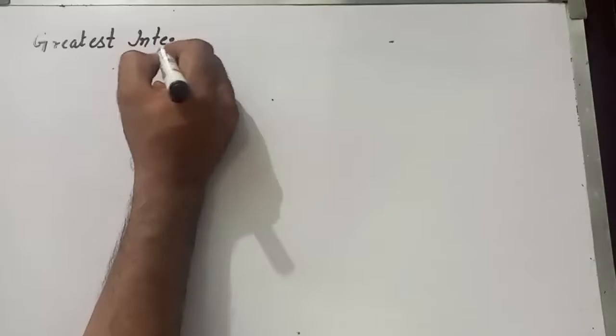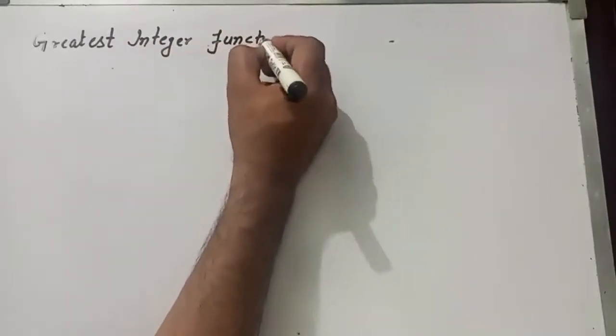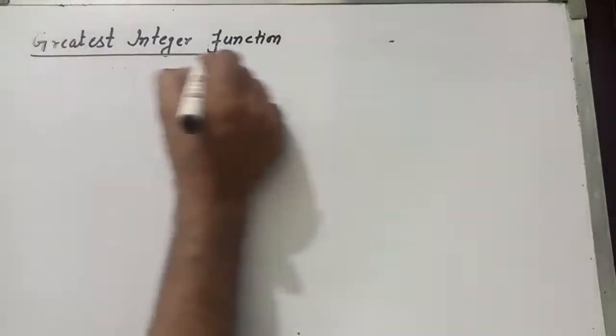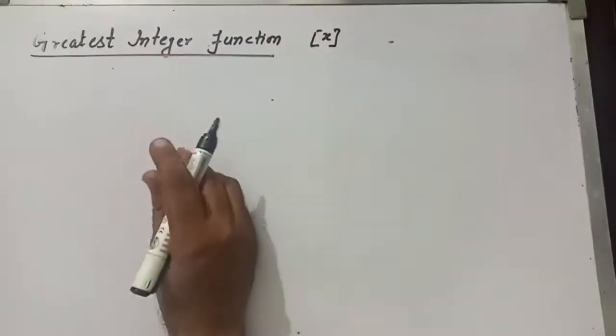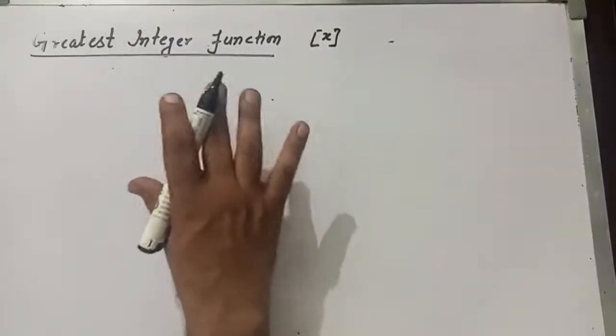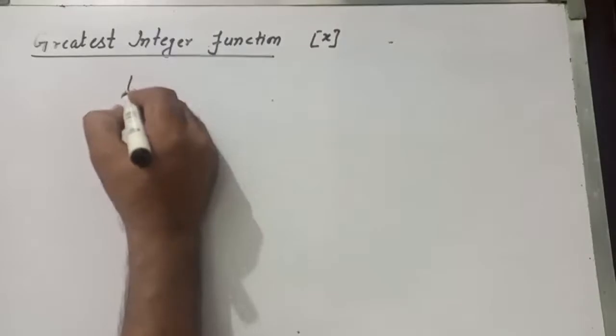So first we will discuss what the greatest integer function is. It is denoted as square bracket x. So what is the definition?